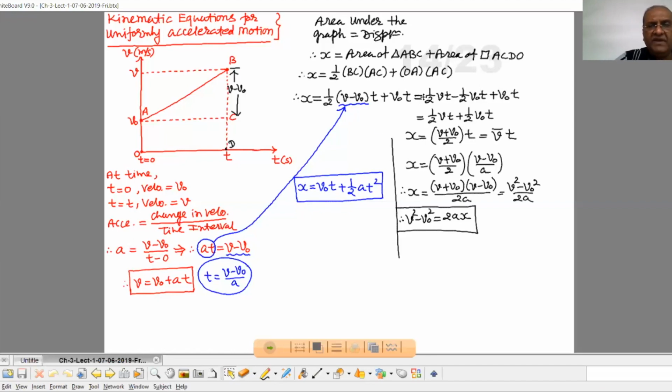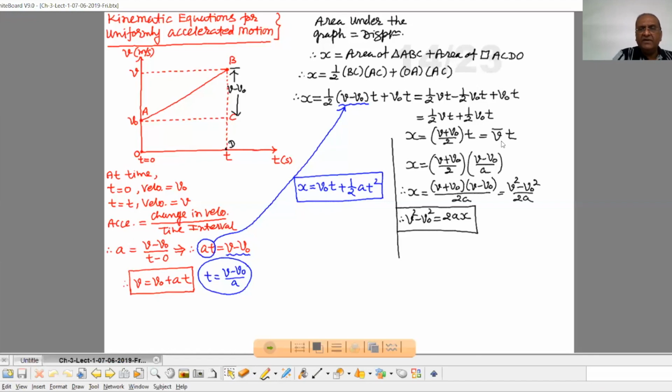Then after simplifying this equation, half into vt minus half into v0 t plus v0 t. Now minus half v0 t plus v0 t will give you plus half v0 t. So from this one, we can write (v plus v0) by 2 into t. But this (v plus v0) by 2 is called the average velocity.